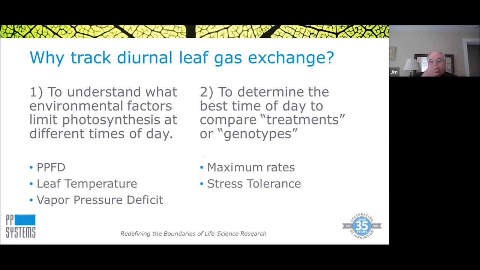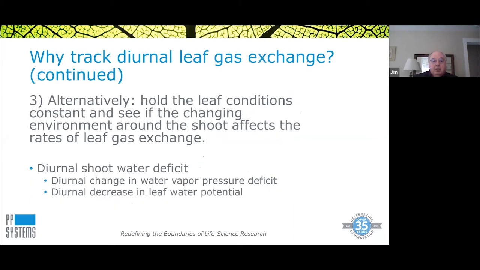In order to figure out the best time to do this, we need to know what the diurnal pattern of leaf gas exchange is. A third reason for tracking diurnal gas exchange is to hold the leaf conditions constant and see if the changing environment around the shoot affects the rates of leaf gas exchange.